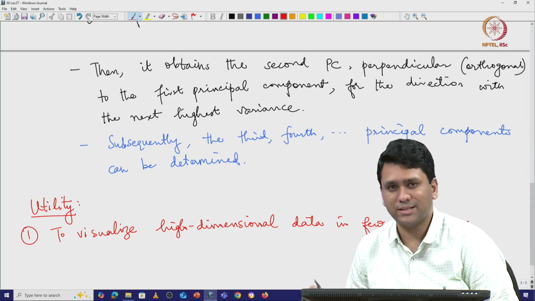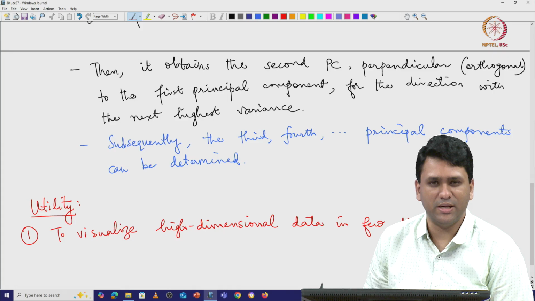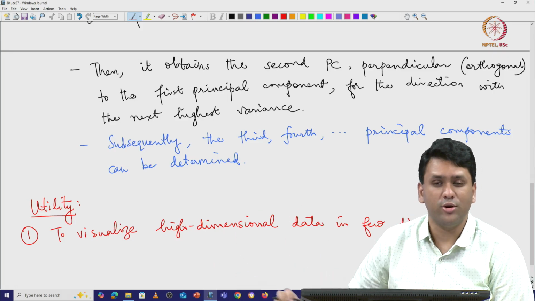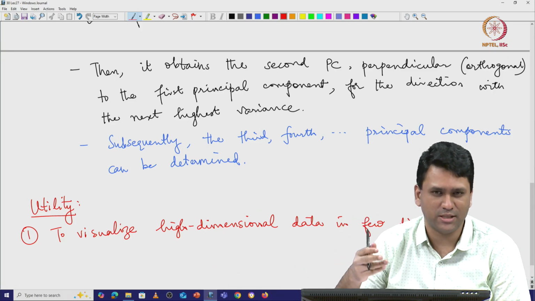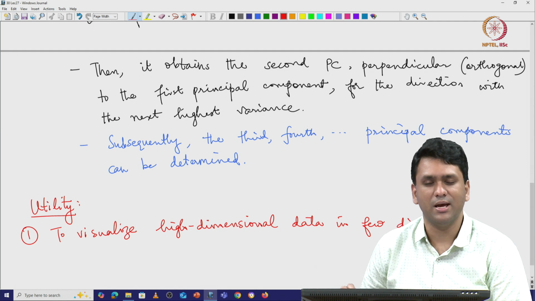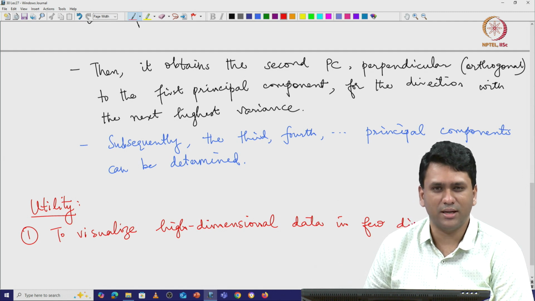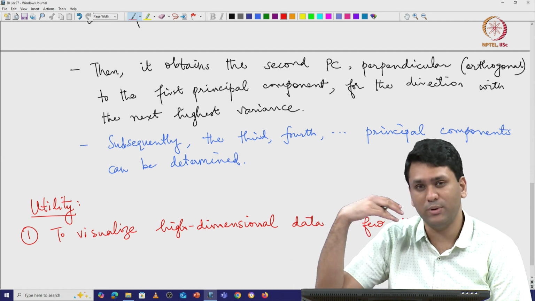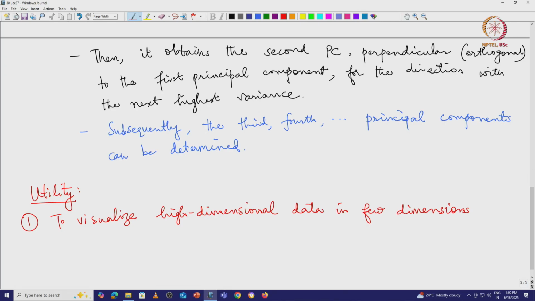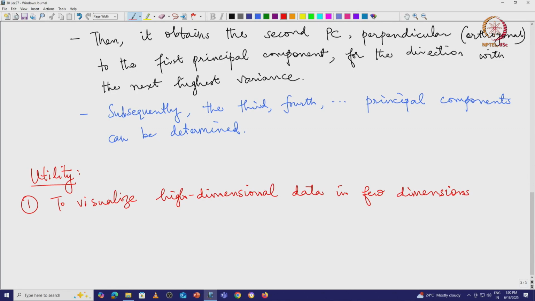Right. So, once you get the principal components PC1, PC2 and PC3 and so on, you can plot PC1 versus PC2 or PC1 versus PC3 and try to understand what is the relationship between the data points, between those features, right, in terms of the data points. So, you can visualize high dimensional data in a few dimensions.